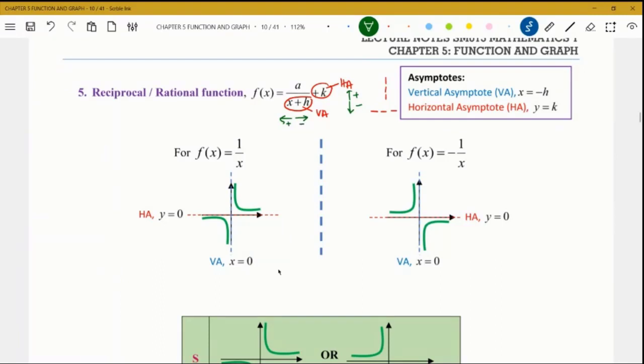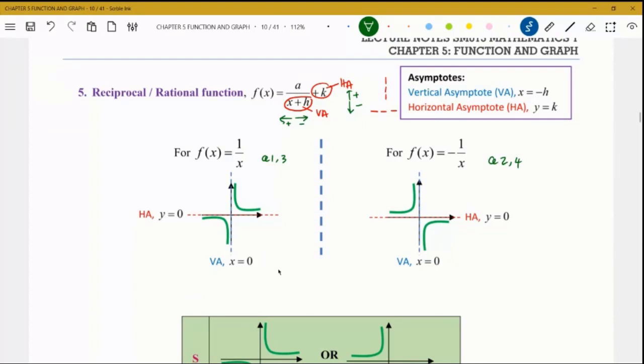Okay, so we have two shapes, which is positive 1 over x ataupun negative 1 over x. For 1 over x, it encounters quadrants 1 and 3. And then for negative 1 over x, it encounters quadrants 2 and 4.